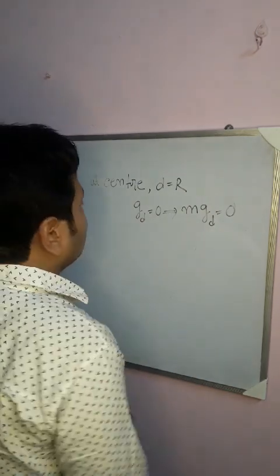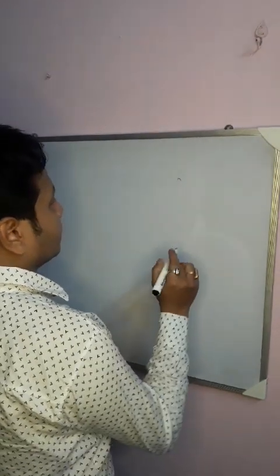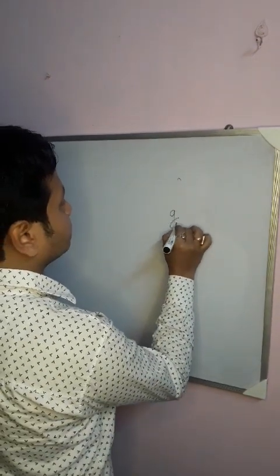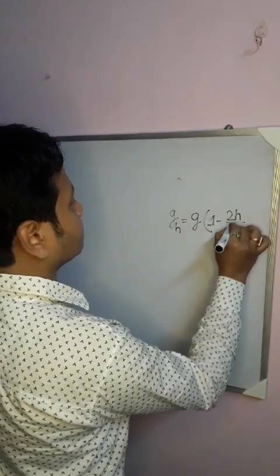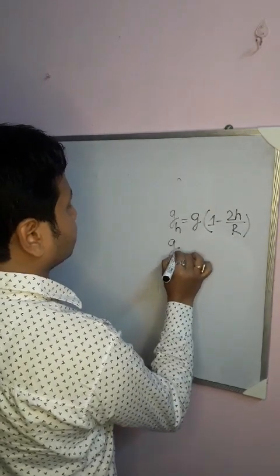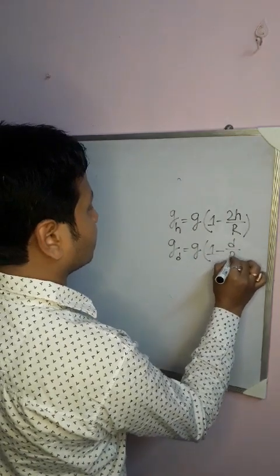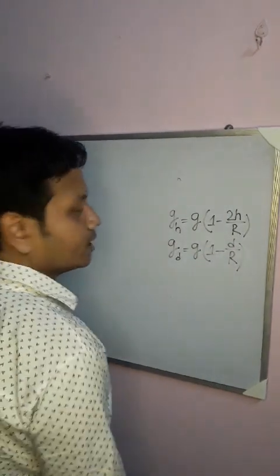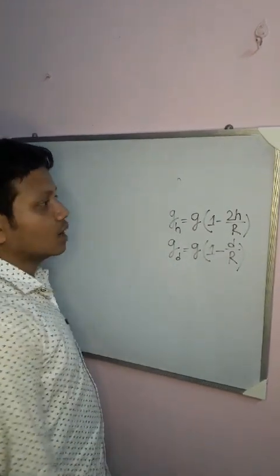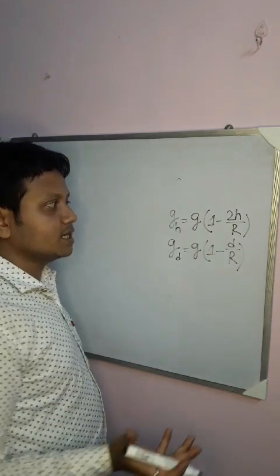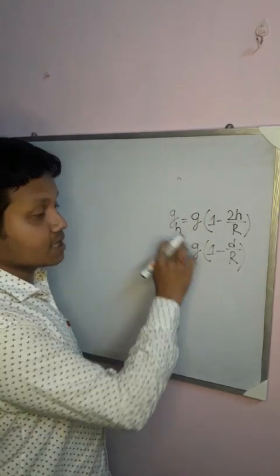So we see that acceleration due to gravity at a height h can be written as g into (1 minus 2h by r), and at a depth d it can be written as g into (1 minus d by r). Now it is a numerical question: at what depth are these two accelerations due to gravity equal?